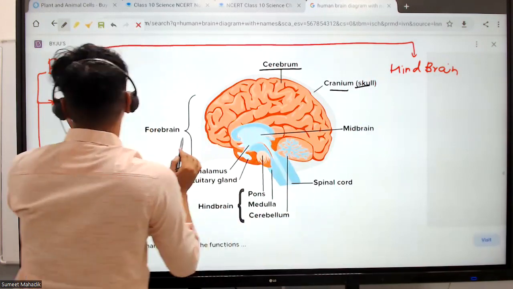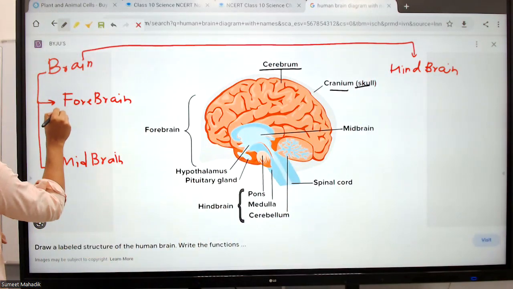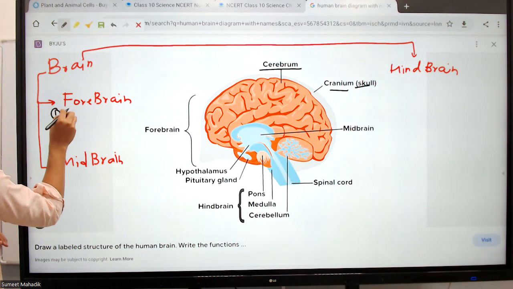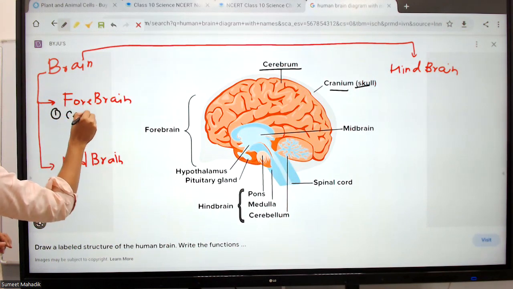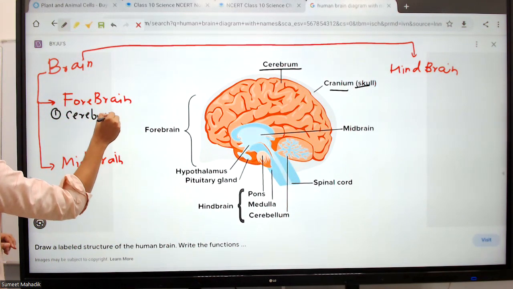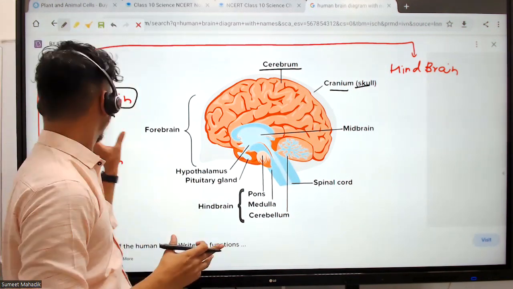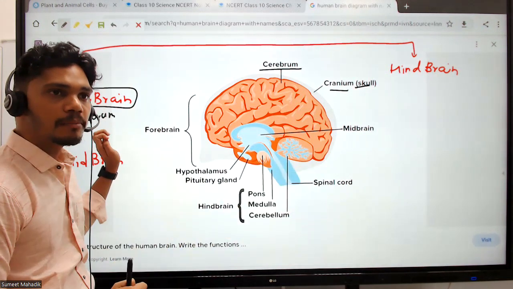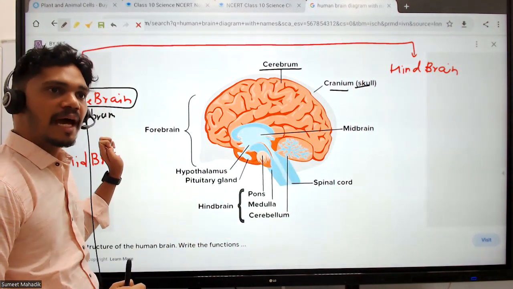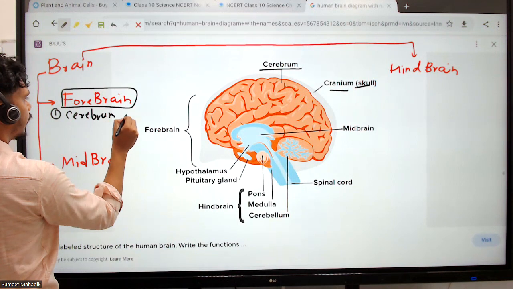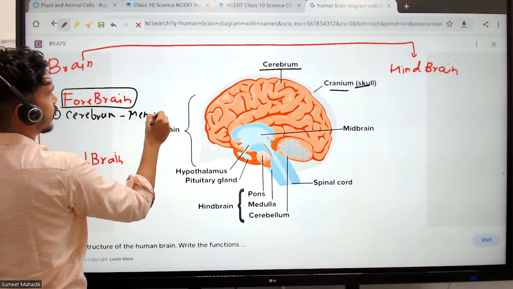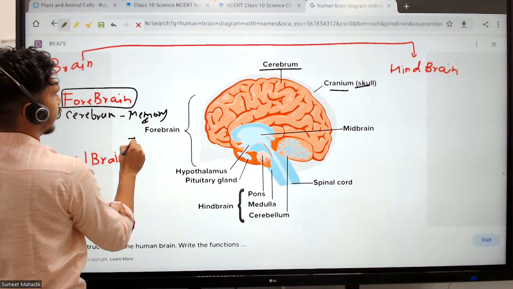So in the forebrain, what comes first? Cerebrum. The forebrain mostly contains the cerebrum. What is the function of cerebrum? Memory and intelligence.